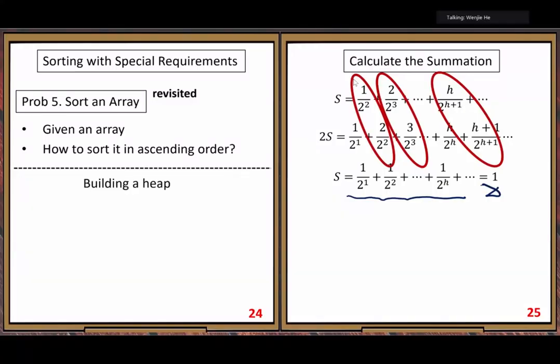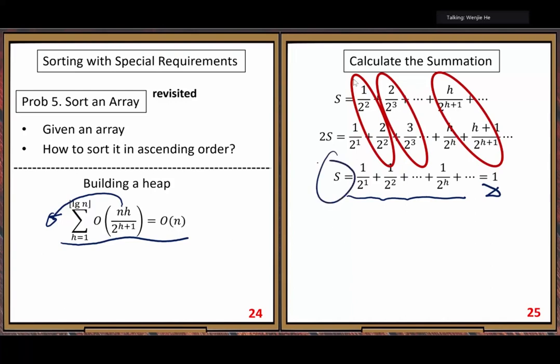All right. Now we can look at the building cost for a heap. When we build a heap, this is our main term. After we factor the n out, the inside part, we just completed the estimate of S. That's 1. So 1 times n. That's why its building cost is big O of n.